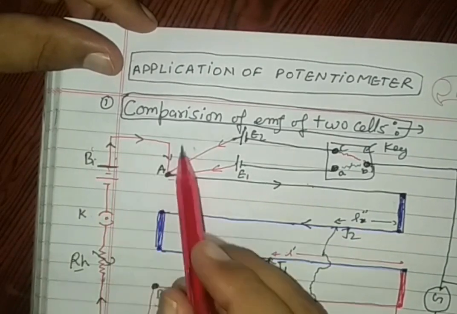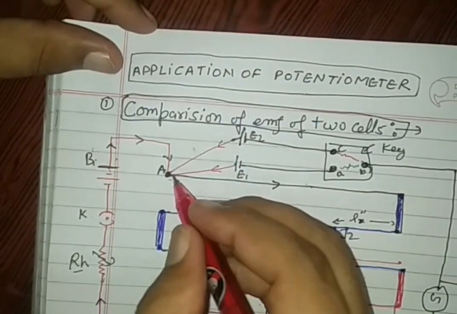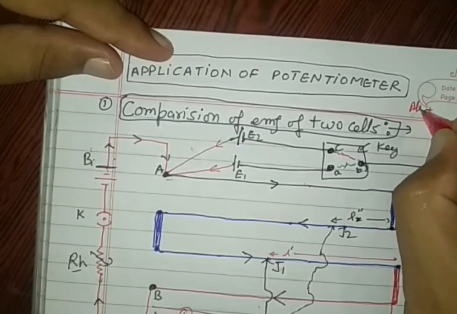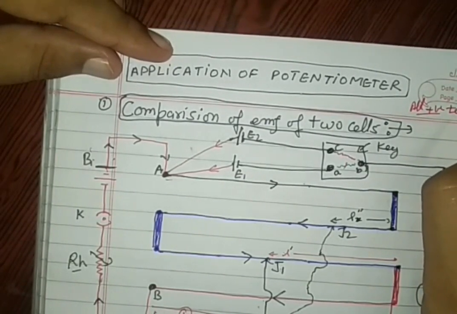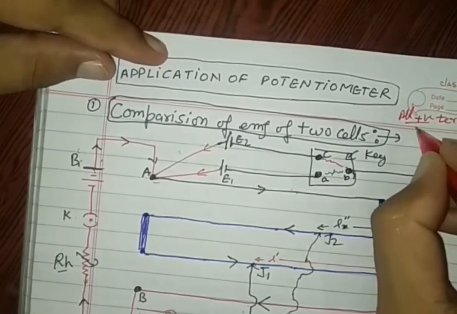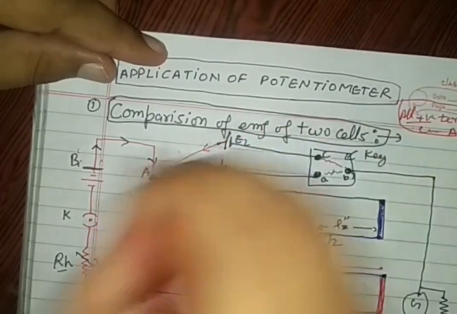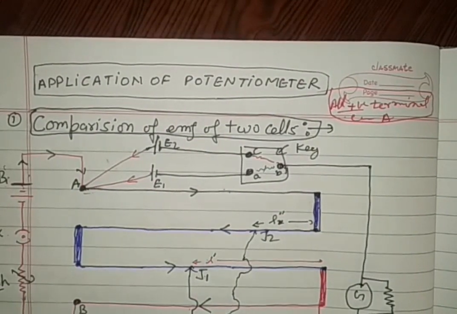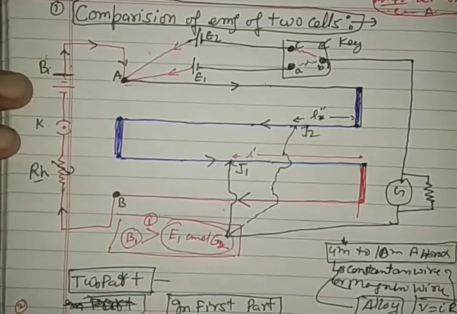The positive terminals of all sources must be connected at point A. This is the third important precaution in the experiment. Otherwise, the experiment cannot be done.